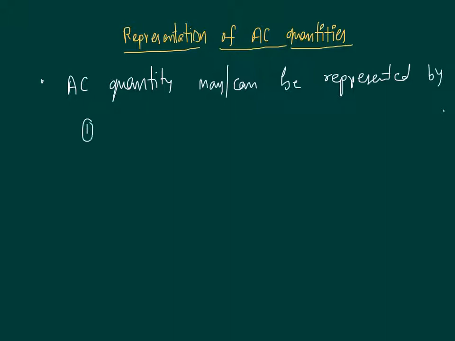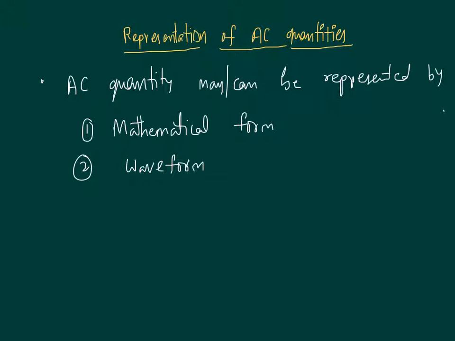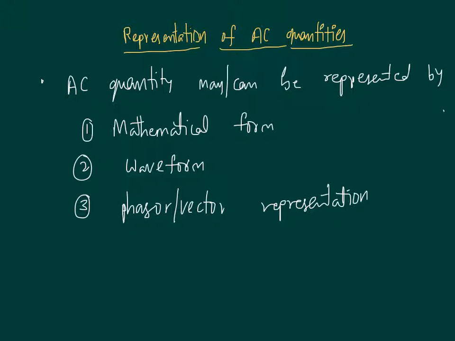One is mathematical form, and the second one is graphical representation or waveform representation, and the third one is phasor or vector representation, both are more or less the same.